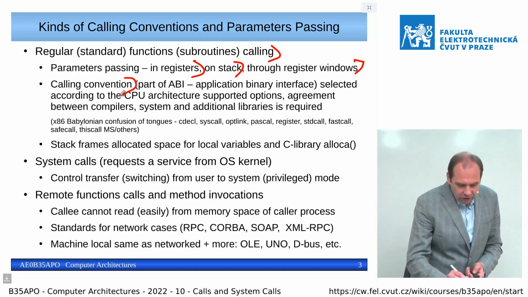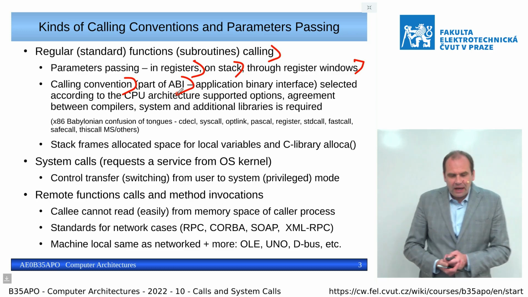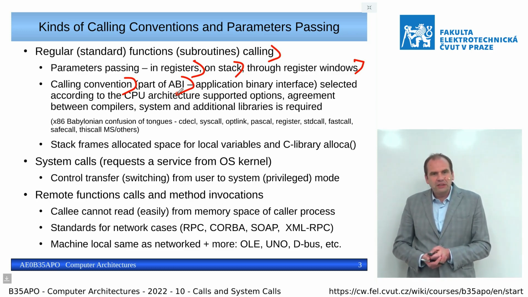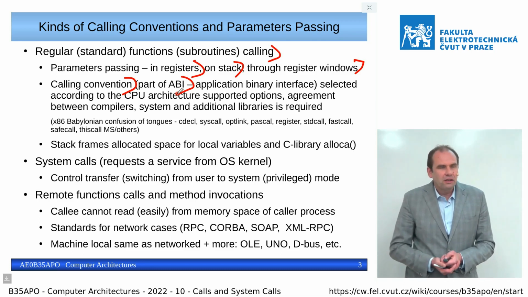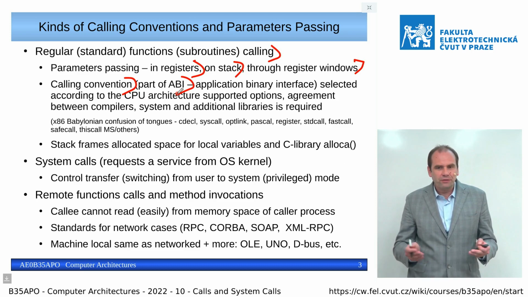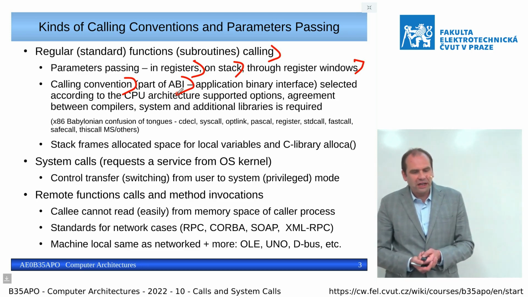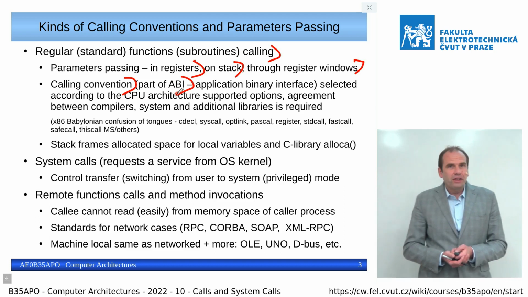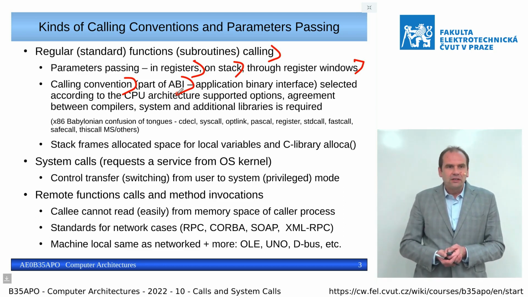This calling convention is in fact part of the ABI. You have the application environment API, you probably know it. It describes the parameters of the functions, how they are used, and so on. This is described on the level, for example, of the C language standard and the POSIX standard.